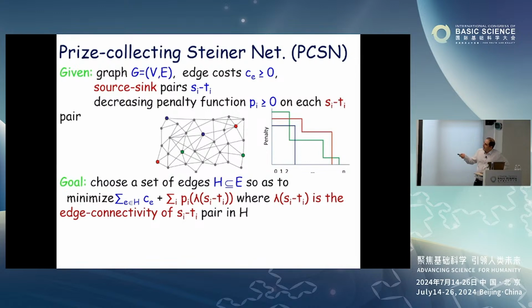Like graph is given to you, and then we are penalty function. Here's but if you connect it via two different essentially this two different paths for reliable essentially path.